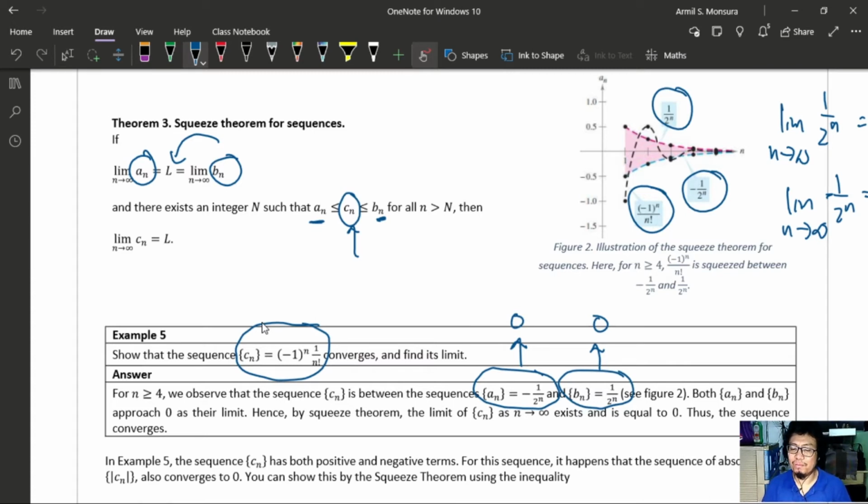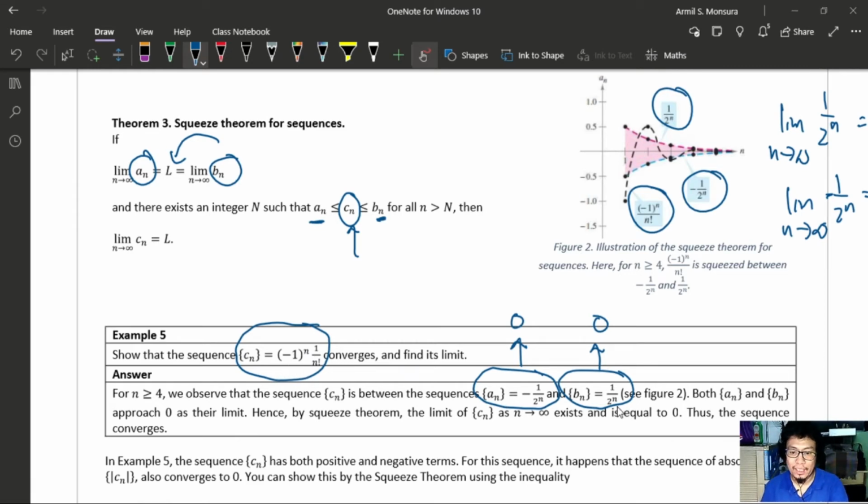but with a lot of practice, you will be able to master this one. So here we are already given that these two sequences sandwich this one. And how do we know that they actually sandwich this sequence, or that this sequence is in between this and this?